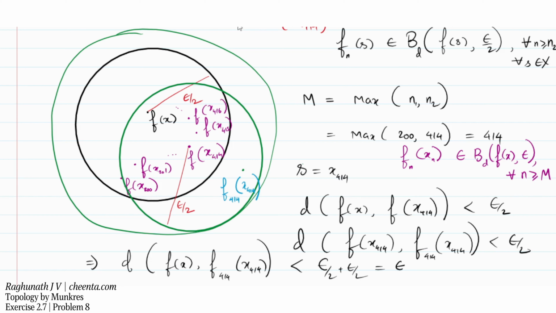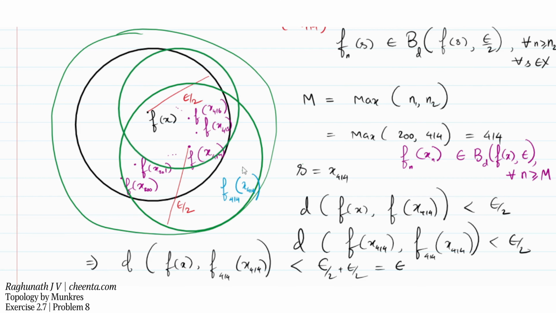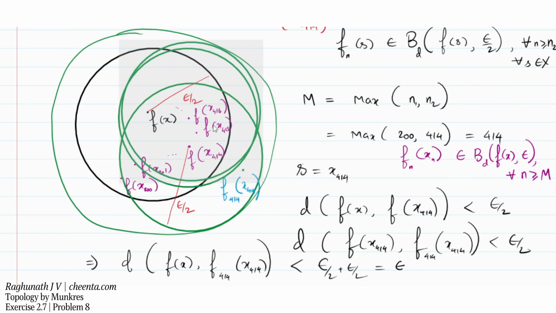Because if you take x415, you can find f of x415 here. Similarly construct an epsilon by 2 open ball around f of x415.